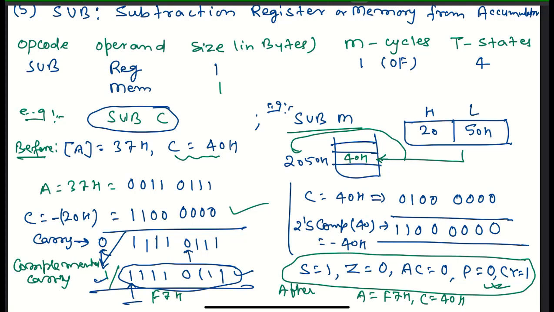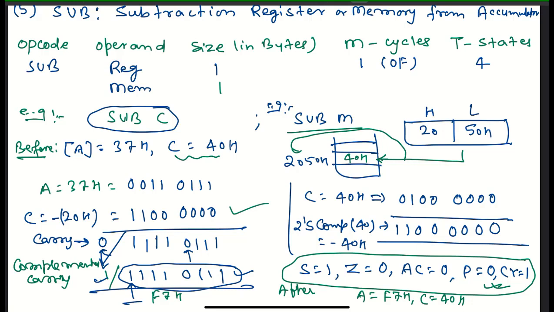Before execution, if the HL content is 2050H, it will be put upon the address line, and through the address line it can fetch the value from memory. So at this address in memory, the value stored is 40H, which will come inside the processor.